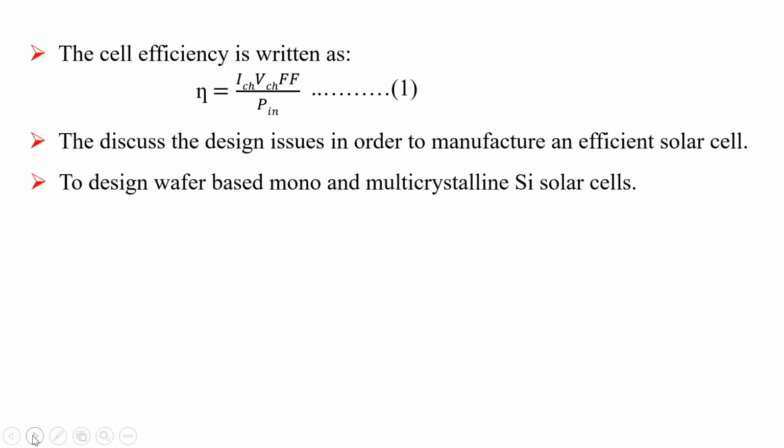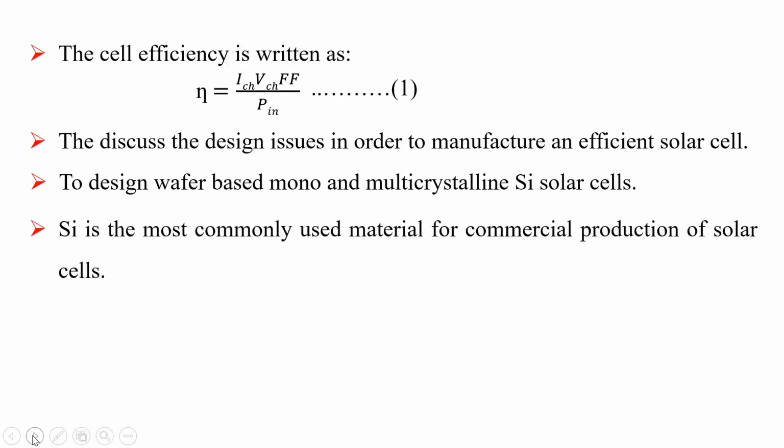To design wafer-based mono and multicrystalline silicon solar cells, silicon is the most commonly used material for commercial production of solar cells. Silicon cost is low and its performance is good. That is how silicon materials are commonly used in the production of solar cells. These are the design of solar cells points we have covered.